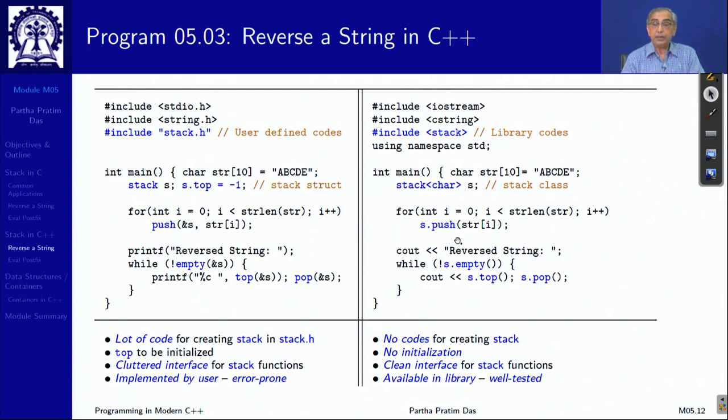So, let us look at it: on the left is your C code. All these I have skipped here; all that you wrote for the stack structure and functions is to be given in, say, the header stack.h that you have written, and then you have to define and initialize and then do this algorithm to reverse. In contrast, in C++, all that you need to do is to include this header. It gives you the entire stack, correct one.